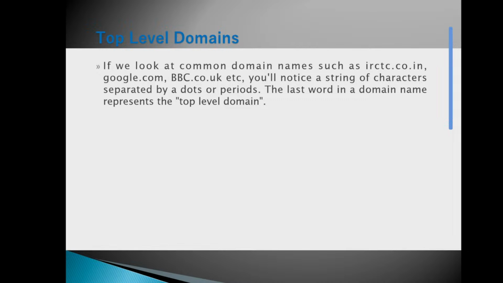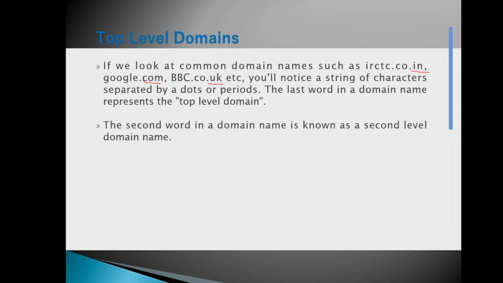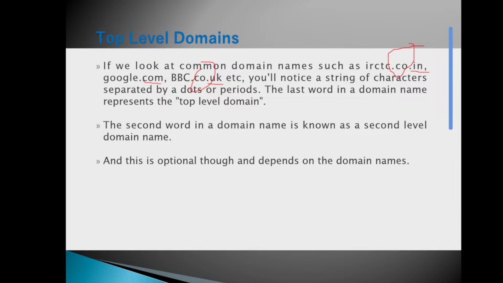Here it is .in, .com, .uk. The second word in the domain name is known as the second level domain name. That is this word. It's not always that the second level domain name is present; this is optional, depending on the domain name.